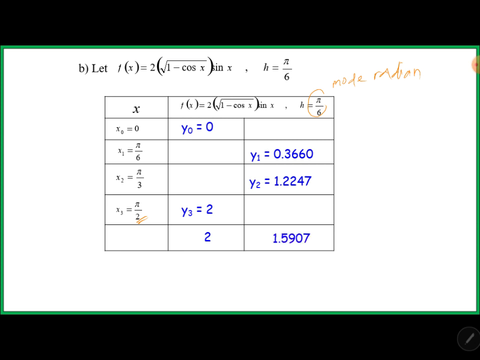Now put everything into the formula. So by using the trapezoidal rule, integration of 2 square root of 1 minus cos x sin x dx, from 0 to pi over 2 can be written as h over 2. What is h? H is pi over 6. So pi over 6 divided by 2 is equivalent to pi over 12.